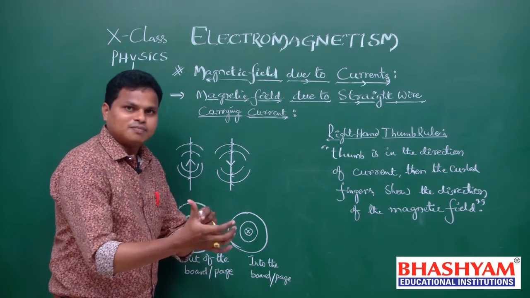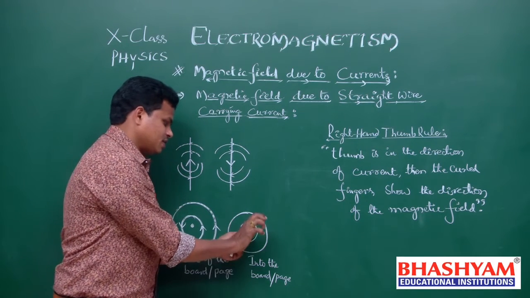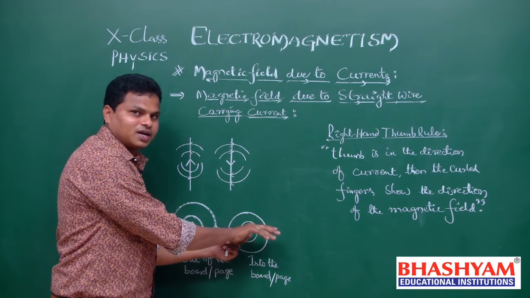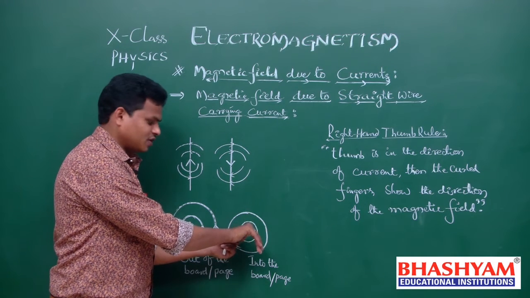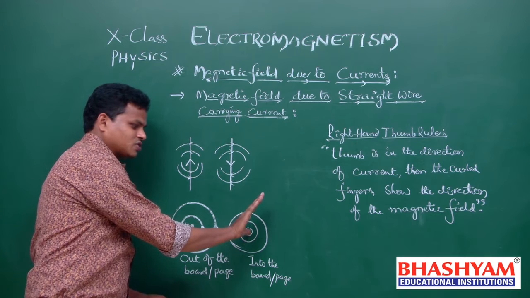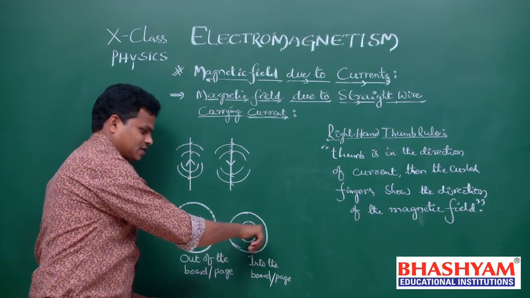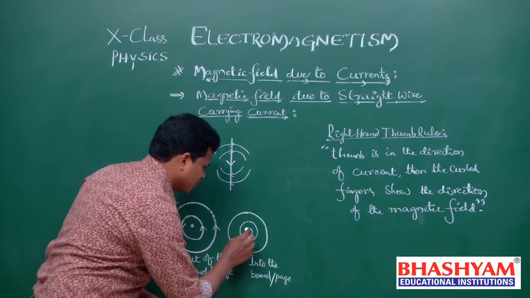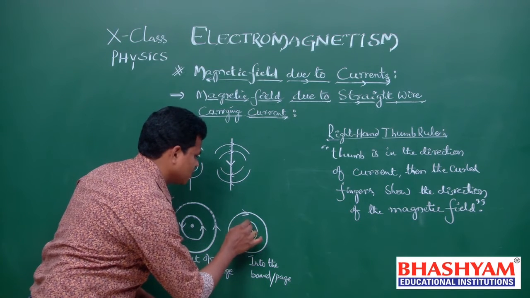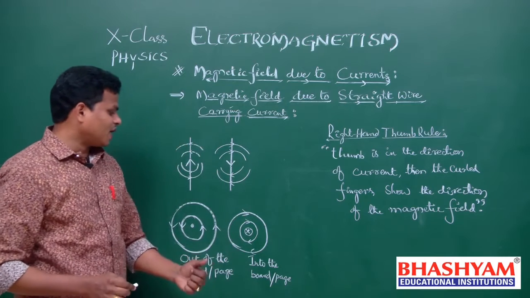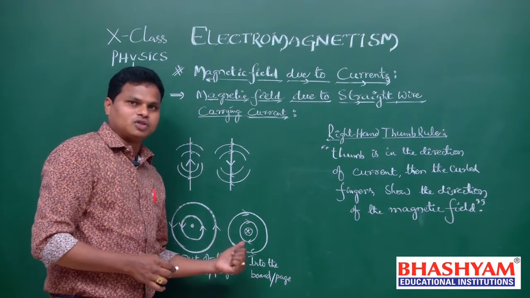Thumb in the direction of current, into the board. The curled fingers show the direction of the magnetic field, which is clockwise. This is the direction of the magnetic field when the current passes into the board.